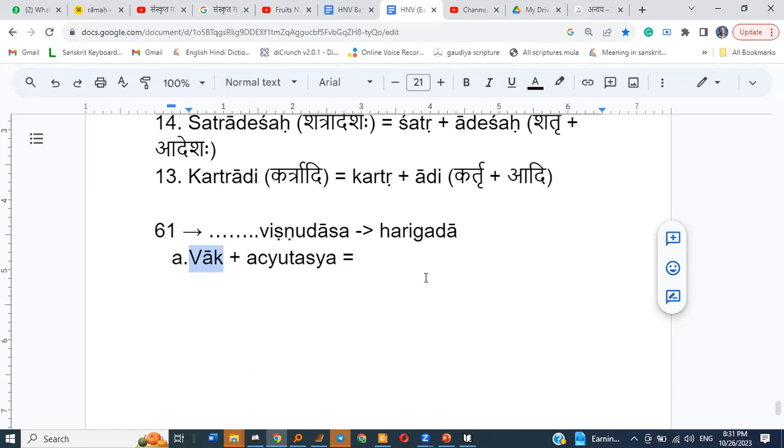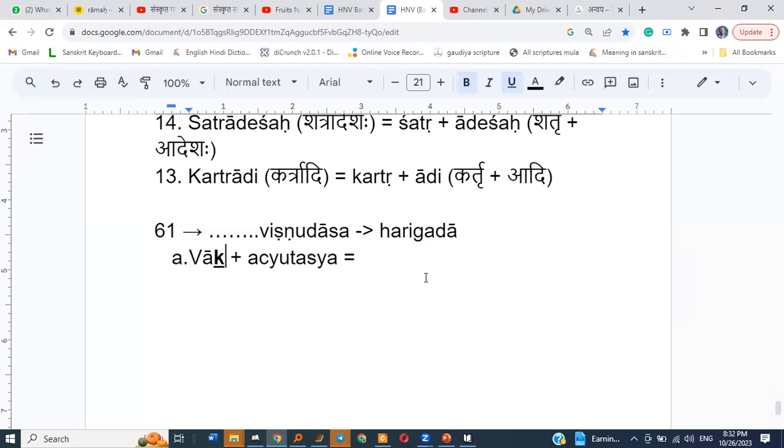So Vak is a word at the end of which we have the Karama. Is Karama a Vishnu Dasa or not? Yes, it is. So the sutra simply says that this Karama will become the Harigada of its own Varga.